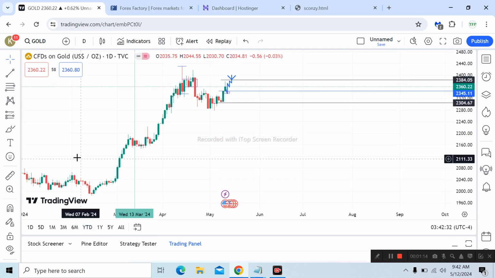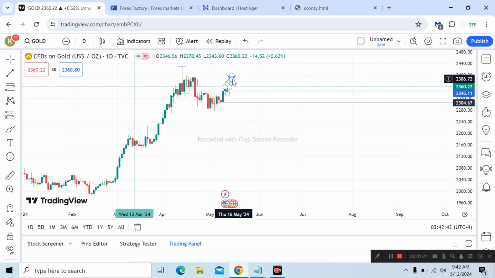On our daily candle, remember that we want to see price take this high here, and that is what we are anticipating price to do. This is where you will take your profit off.